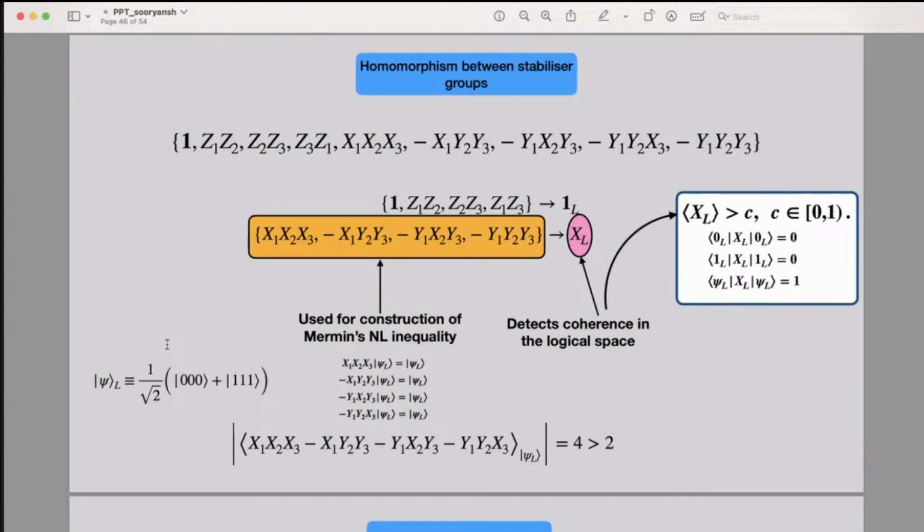Now this state is 0L plus 1L, if one defines 0L to be equivalent to 000 and 1L to be 111. Now the point is that here there are a number of operators. So your question is how group theory simplifies or benefits in this.